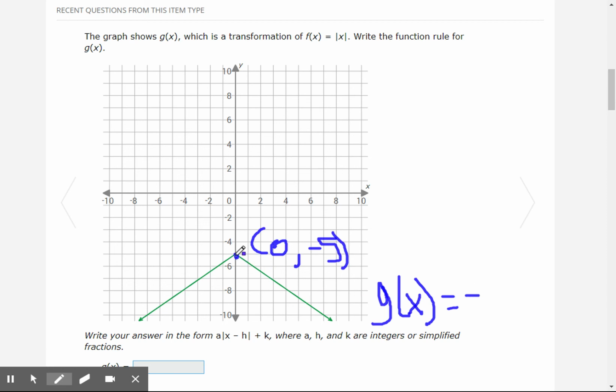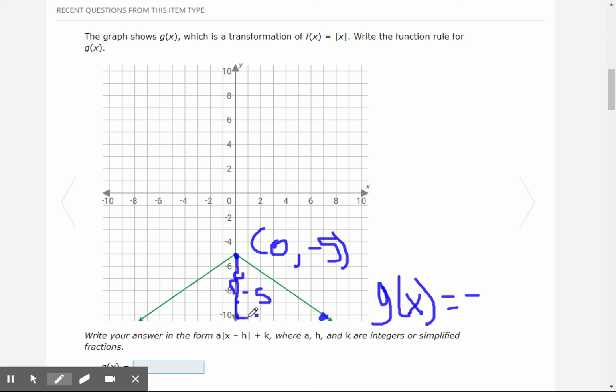Now, to check my actual rate, what I'm going to do is try to find a point that intersects with this graph, and we see one all the way down here. So I want to count how many boxes it goes down. It goes down 1, 2, 3, 4, 5. So it went down 5.